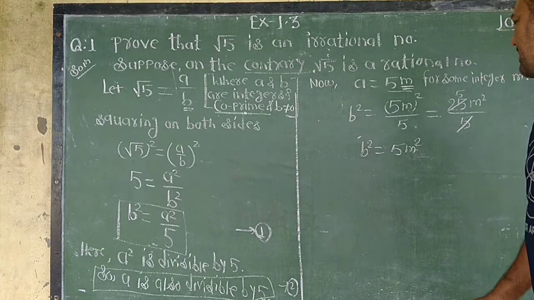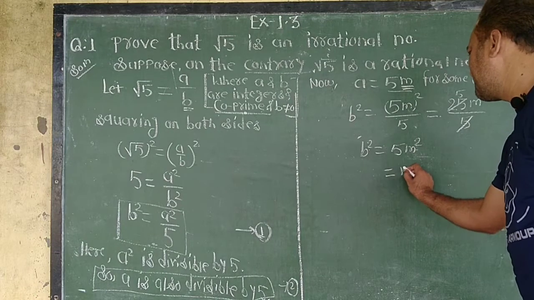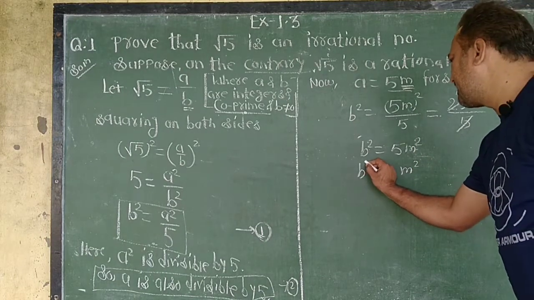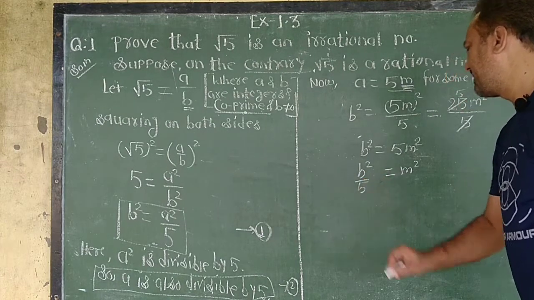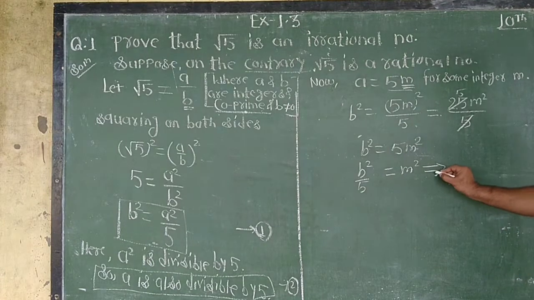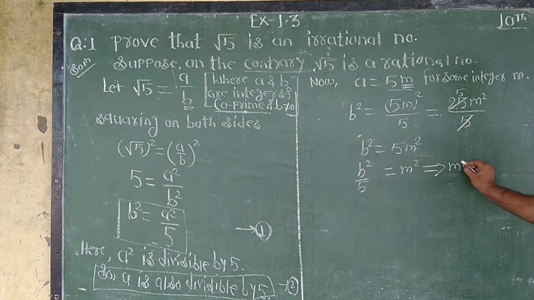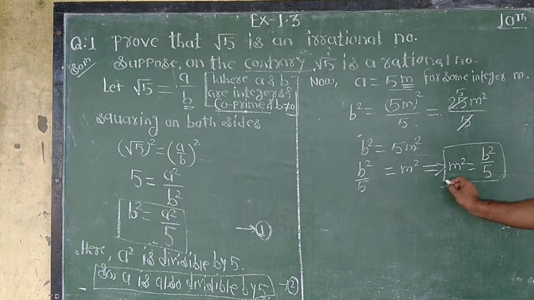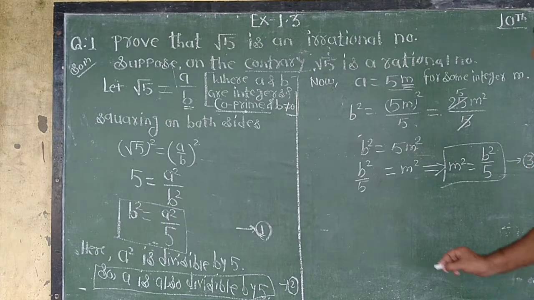Now change the side: for some integer we consider m square. Then m square is equal to b square by 5. Call this equation 3.